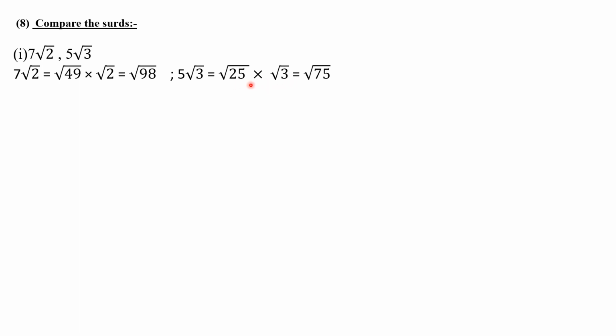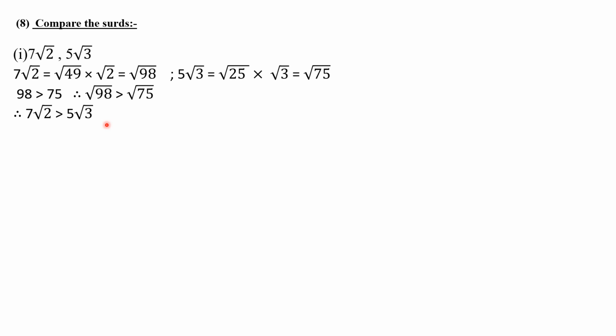So I'll multiply now 25 into 3, that is under root 75. Now I can compare 98 and 75. You know 98 is greater than 75. Therefore, under root 98 is greater than under root 75. Therefore, 7 root 2 is greater than 5 root 3.